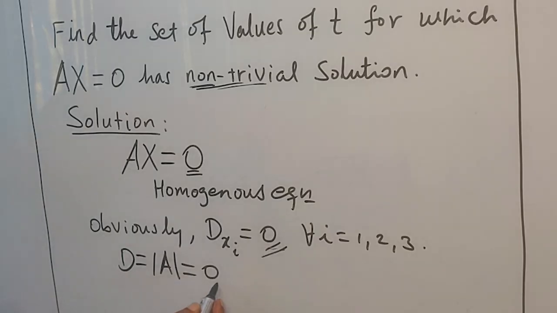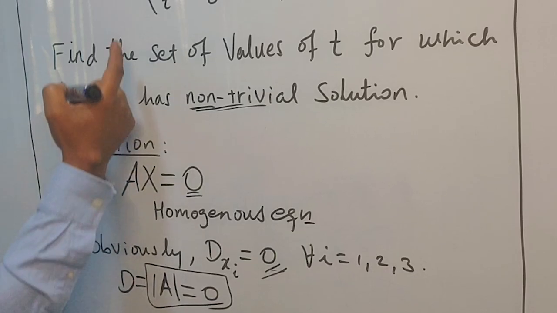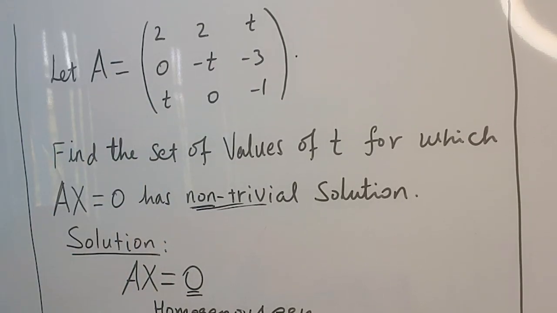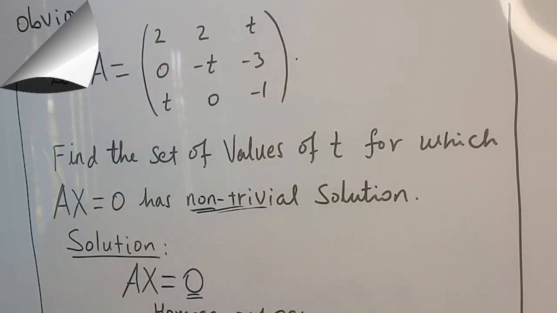So here we got an equation. What's the determinant of matrix A? Let's expand along the first row.